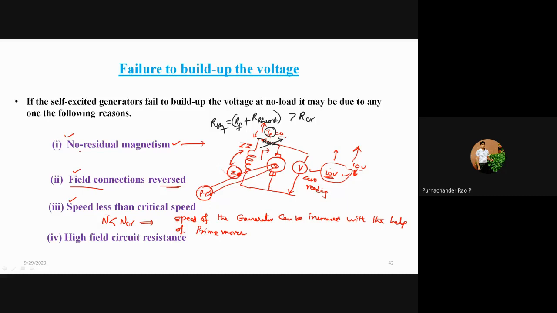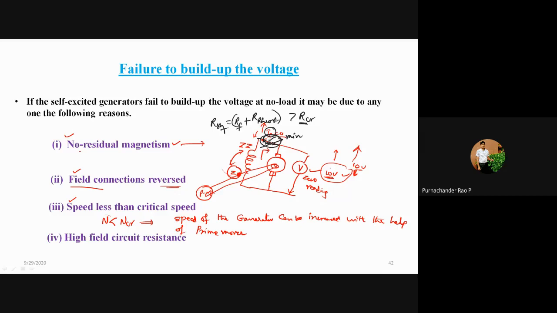So when you are varying the rheostat, this should be kept minimum. The resistance in the field winding should be very low. Then this resistance may not be more than your critical field resistance, and then there is a buildup. If you see that there is no buildup, it may be because of this resistance.